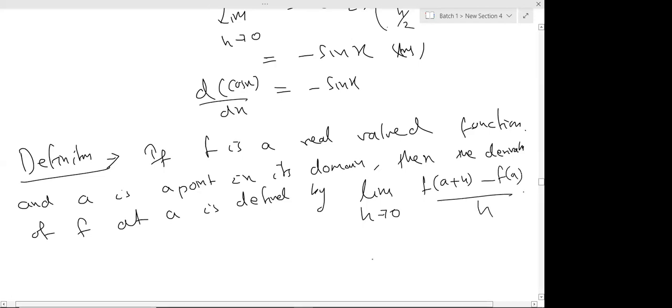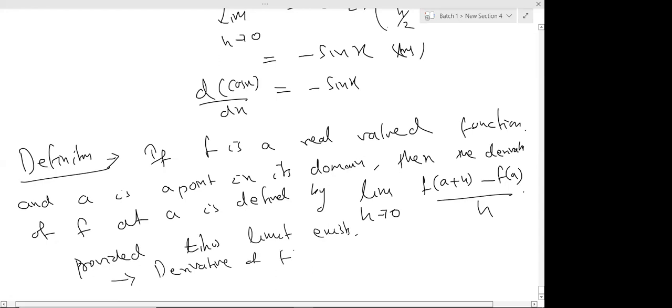Let's write it down. Provided this limit exists. Derivative of f of x at a is denoted by f dash a.